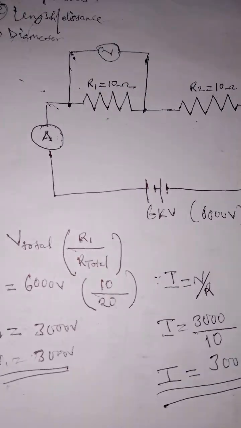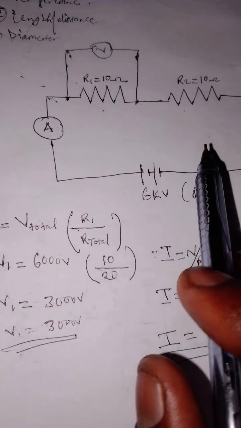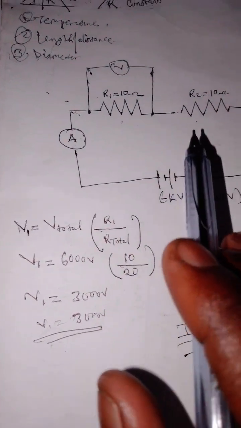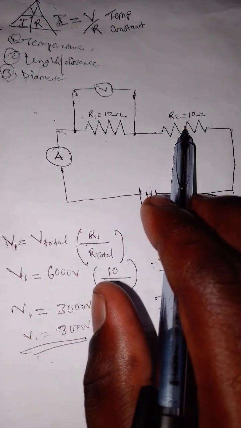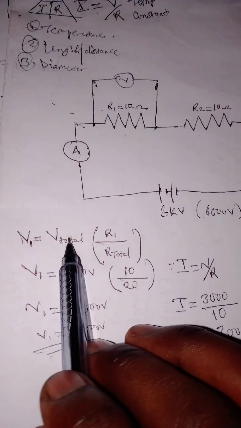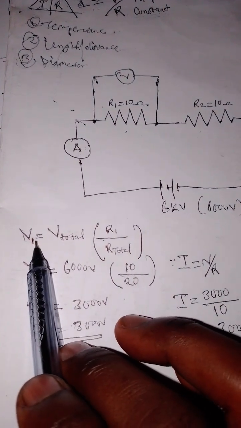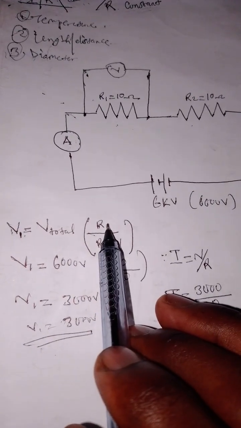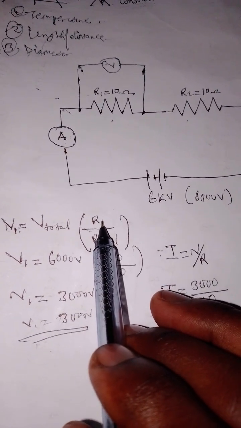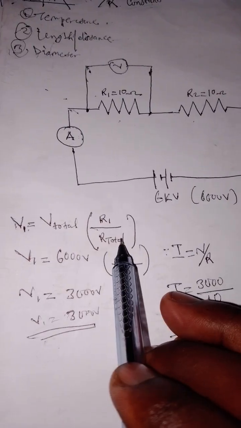So calculate the current through the ammeter. Here we have to know the voltage here and the voltage there. We use this formula: voltage at 1 will be equal to total voltage times resistor 1 over resistor total.